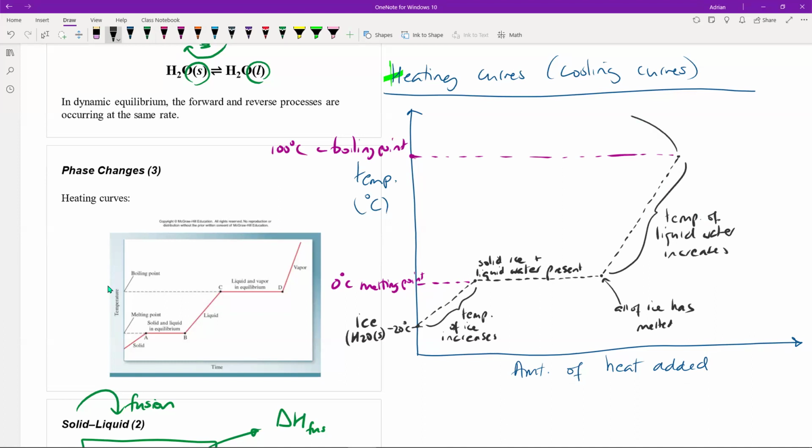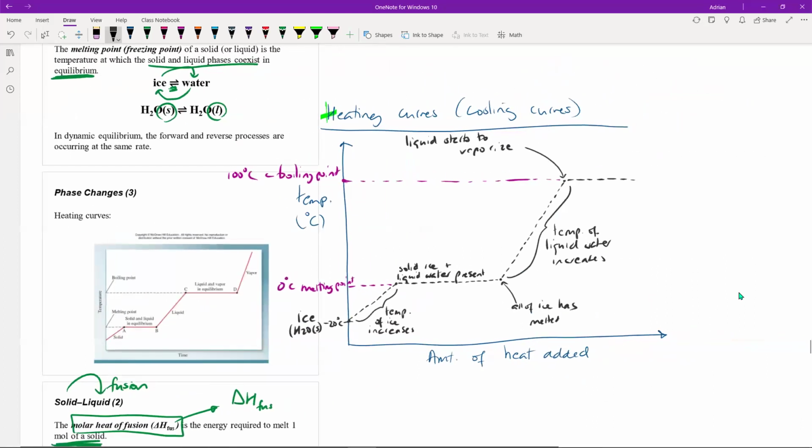Okay, and at this point right here, the liquid starts to vaporize. Any additional heat I provide goes into vaporizing more of the liquid into the gas phase. Keep adding more heat, I vaporize more and more of the liquid into the gas phase until I vaporize all of the liquid at this point here.